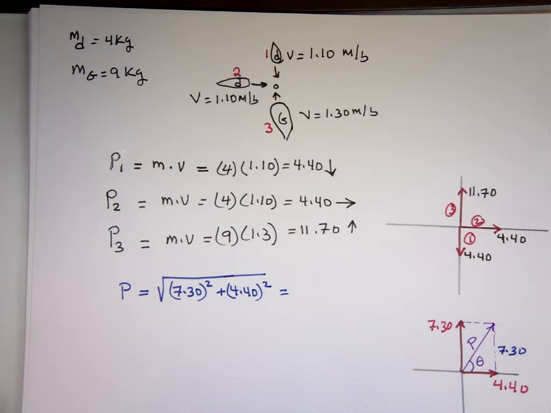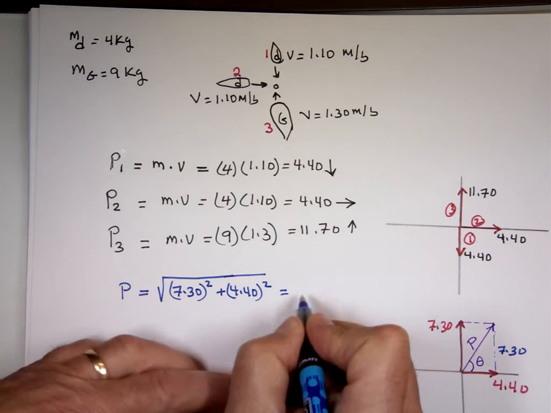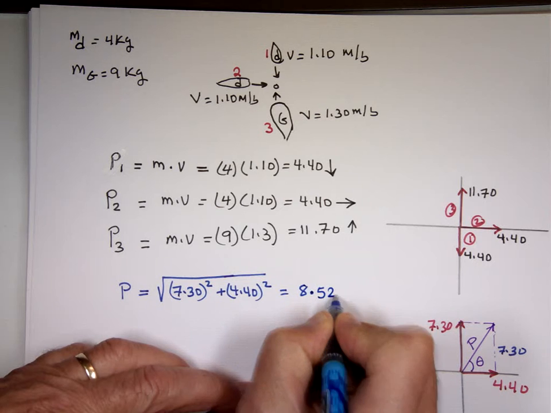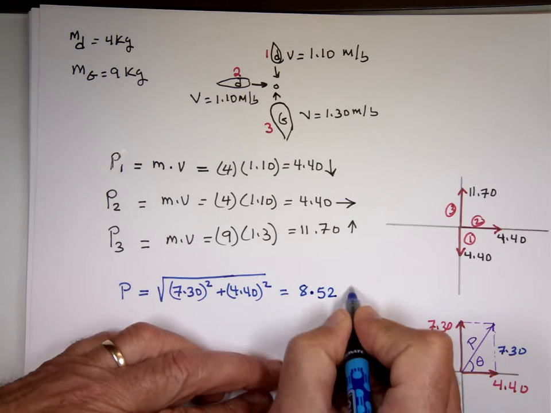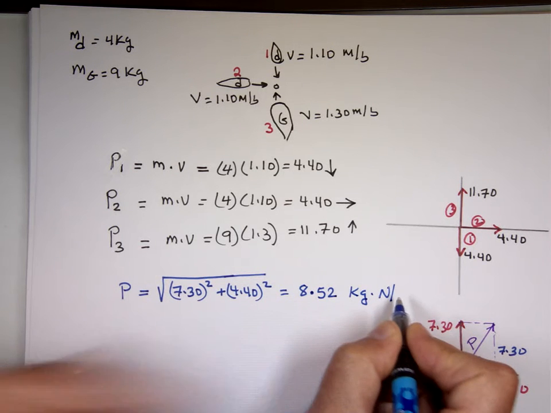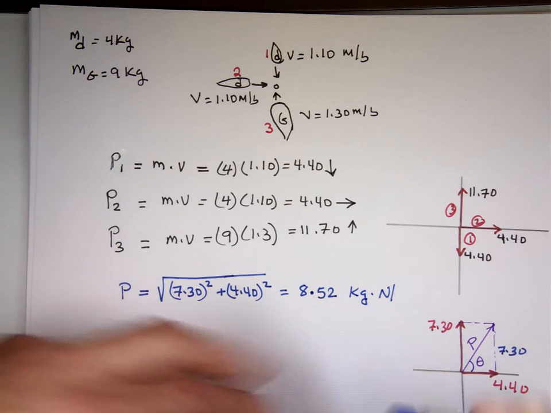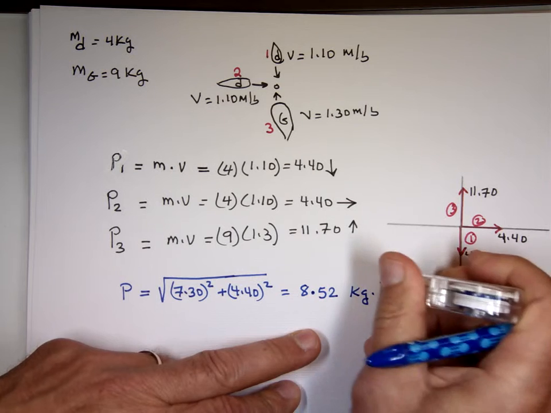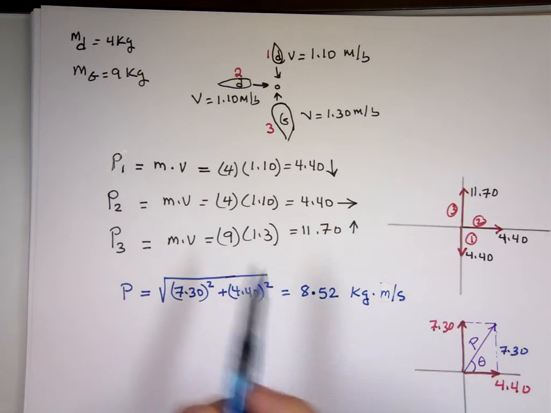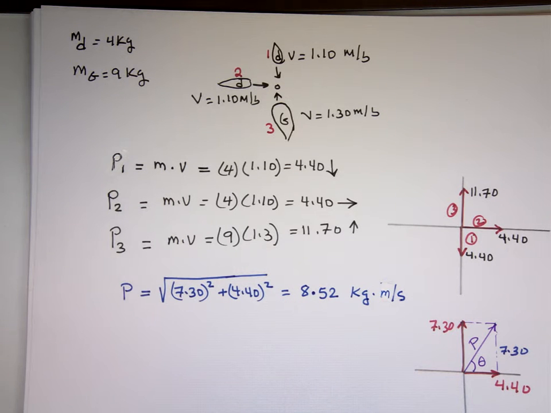We take the square root of that, 8.52, right? Again, the units are kilogram meters per second, not Newtons. Mass is kilogram, velocity is meters per second.